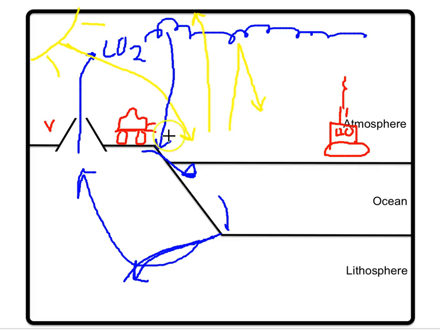So what is happening with other CO2 levels? Here's our little car, and here's our little power plant. Your car uses gasoline and oil, and power plants use coal. We are using fossil fuels, which means these fuels were produced by fossils of ancient, ancient Earth.